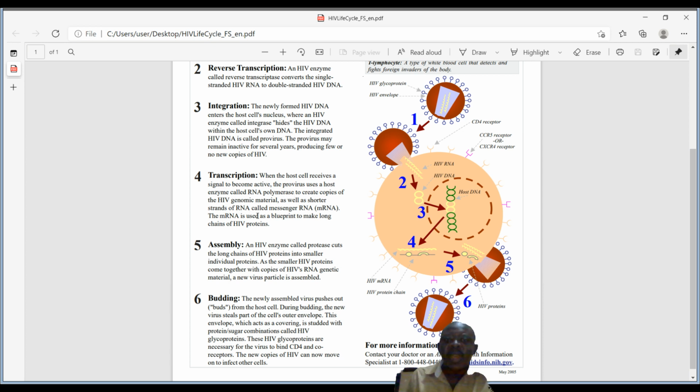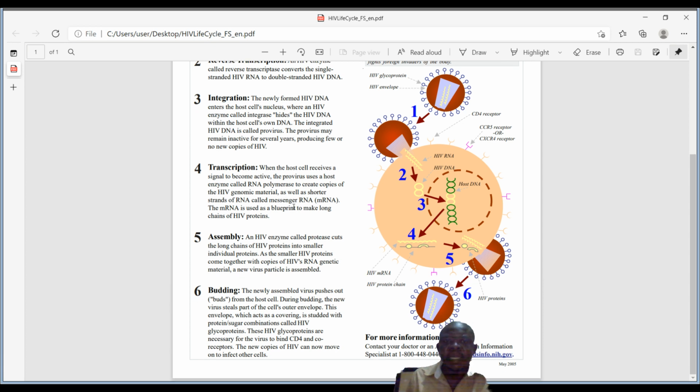And then we have the messenger RNA that is used as a blueprint to make long chains of HIV proteins. In the assembly part, we have the protease that cuts small protein particles that are needed for the HIV to assemble or to come together. So we have the HIV RNA and the assembled proteins to form the new virus.